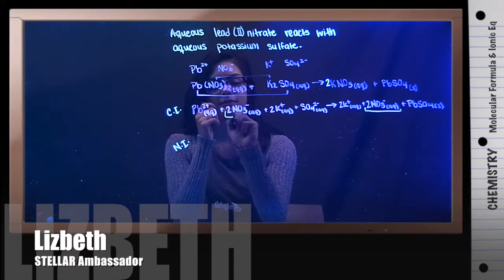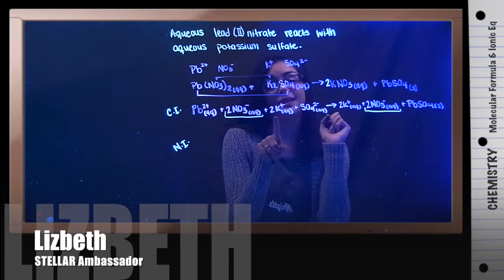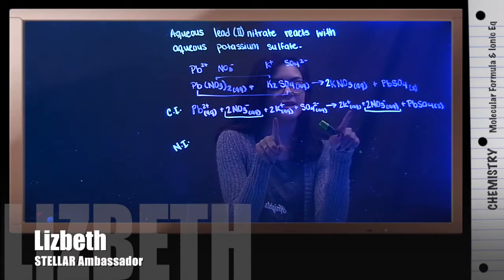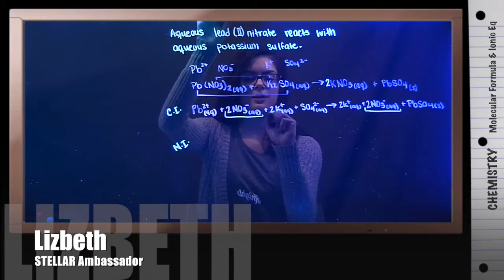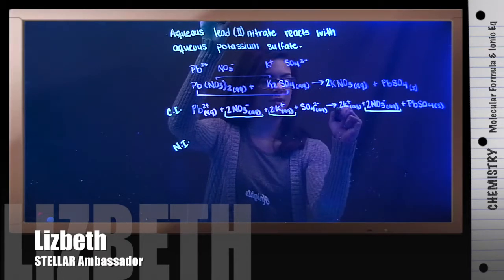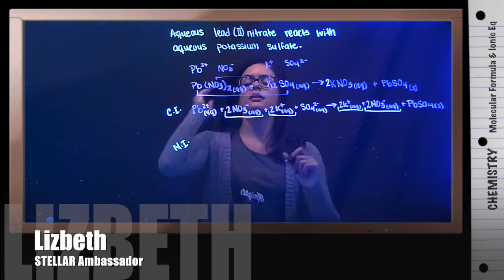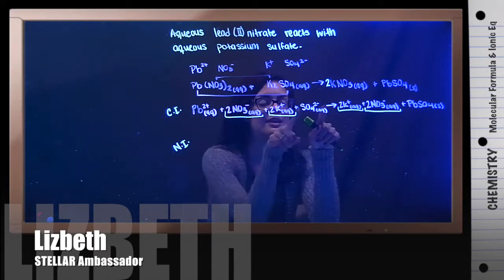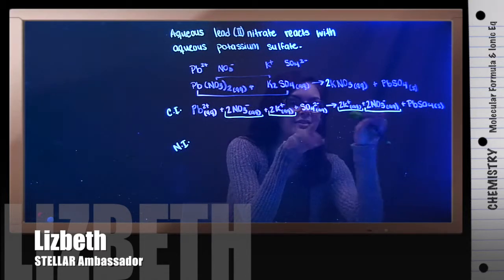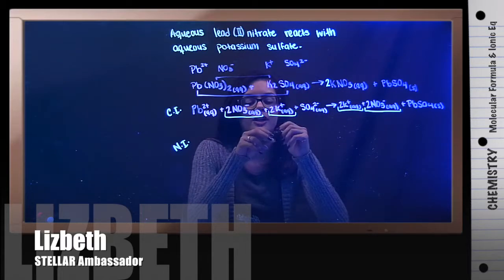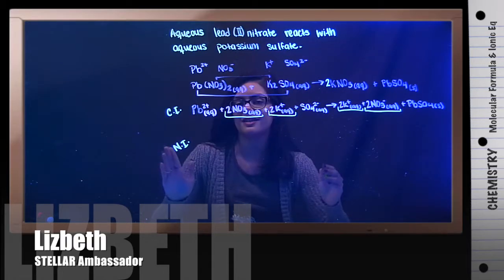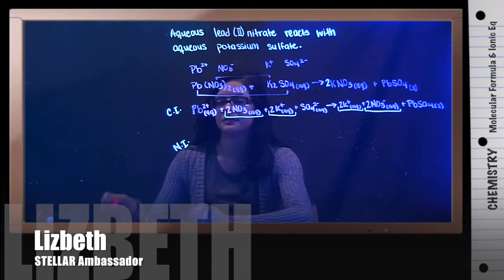So potassium, we're going to do the same thing. We see that he has an exact pair, so he's also a spectator ion. Sulfate is not the same on this side, so he gets to stay there. So for your net ionic equation, everything that's not a spectator ion can come down as well.